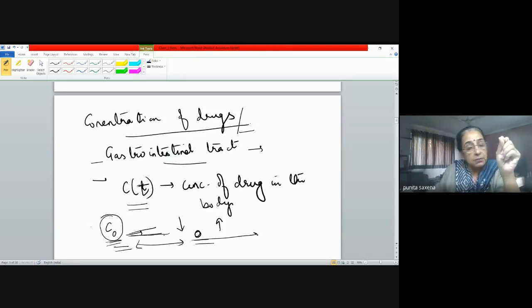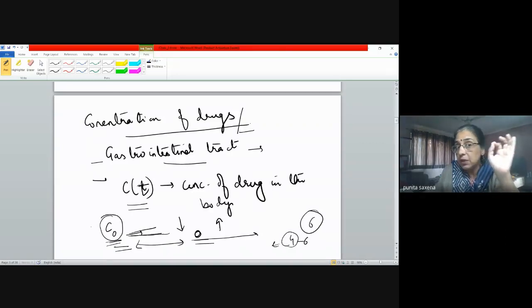Like take Crocin: doctors say the optimum interval is 4 to 6 hours, meaning we should not take Crocin again before 4 hours. Why? Because the concentration of that salt, paracetamol, will increase in our body, since what we ate earlier has not yet finished and we added the same amount again.